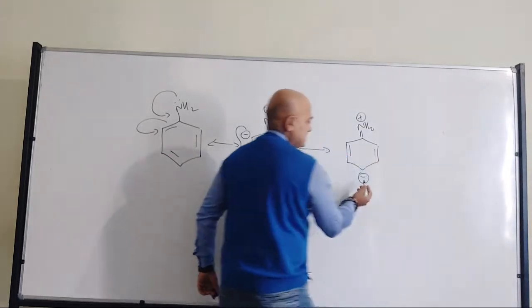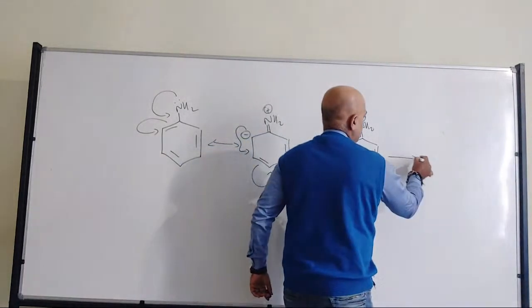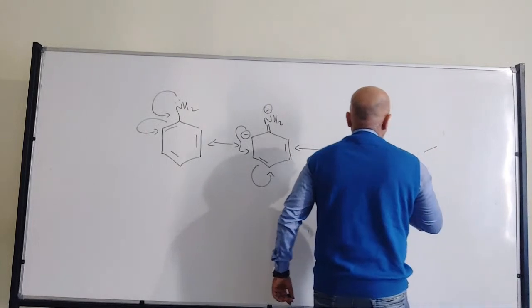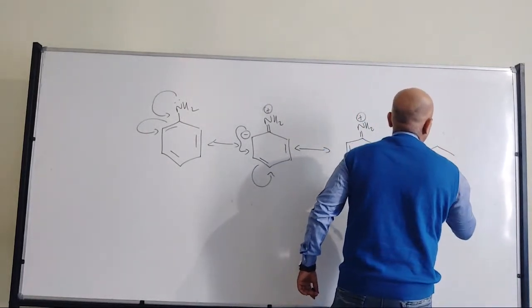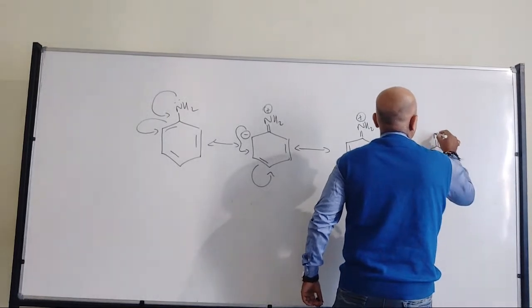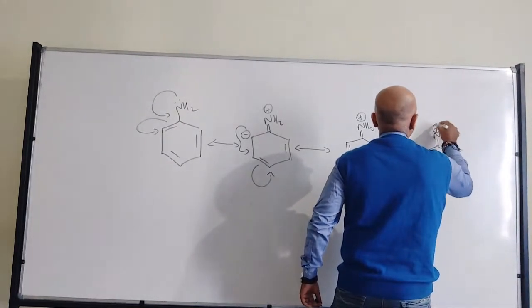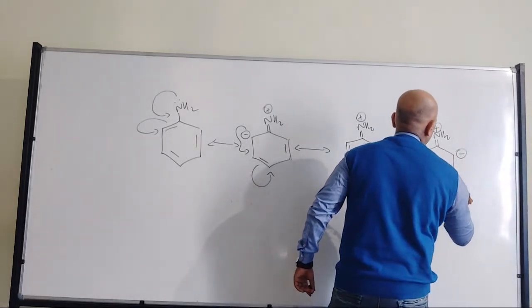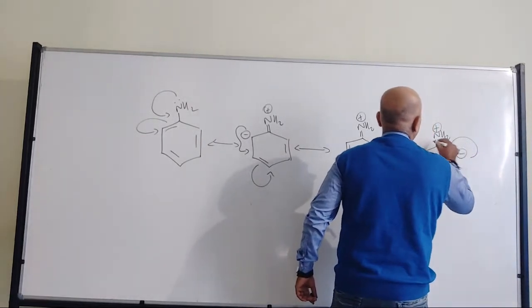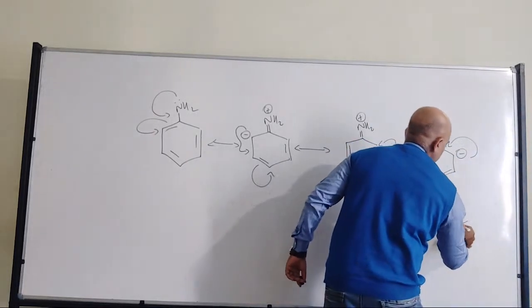Now electron density will be more here. Next, this will move to here, and this will move here. So NH2 plus, then electron density is more here, and finally it will go back to nitrogen.